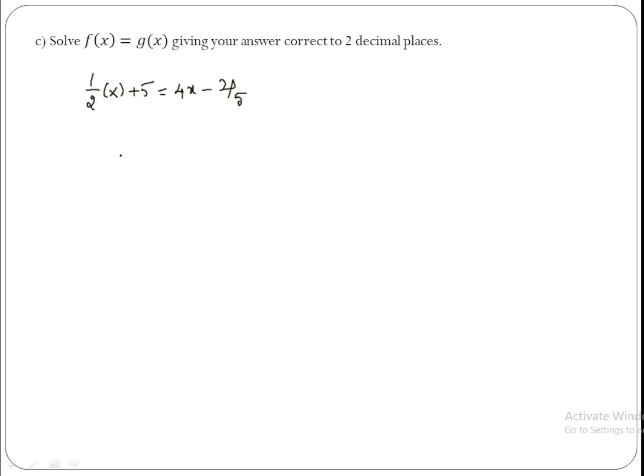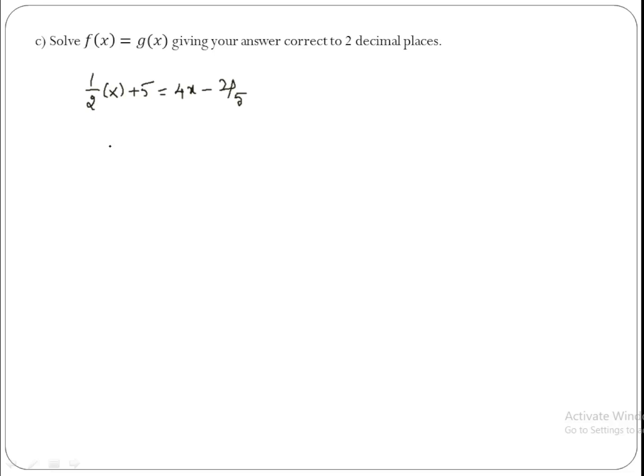Yes, we have to solve this by making the x terms on one side and the constant terms on the other side, and we can simplify them further. Initially, what can we do?